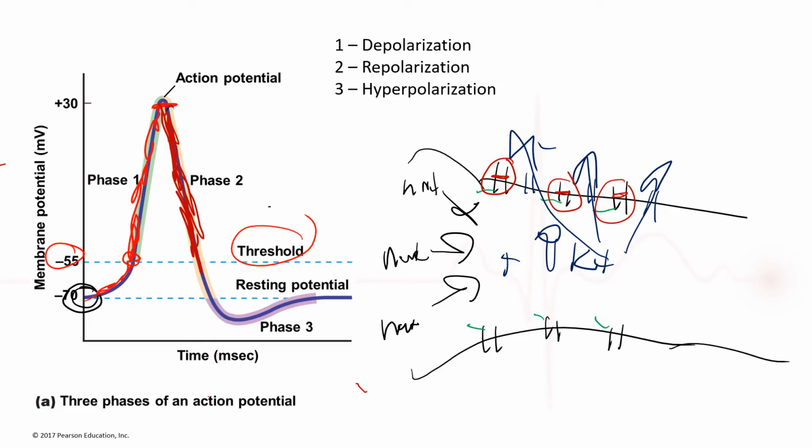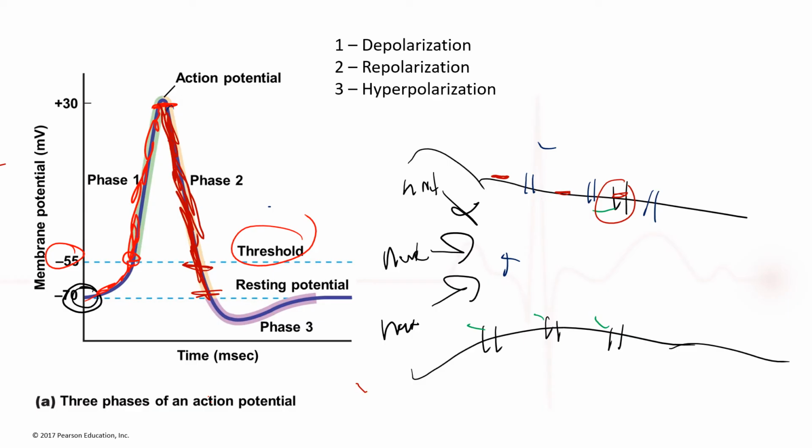That's very important. Now, somewhere between like negative 60 and negative 70, what will finally happen is the voltage-gated sodium channels will reset. What does that actually mean?